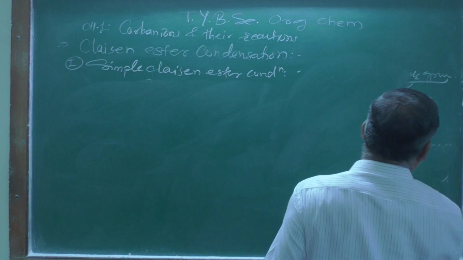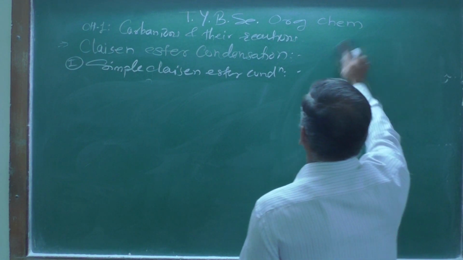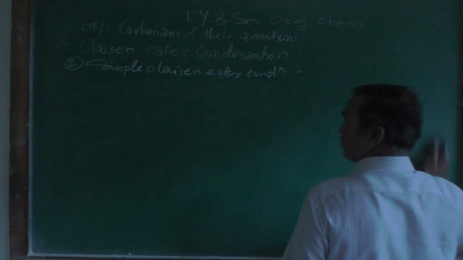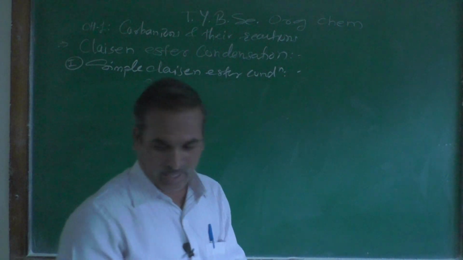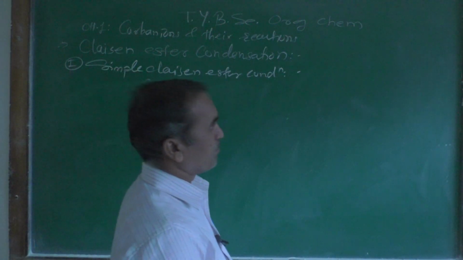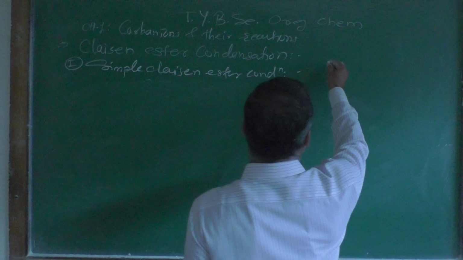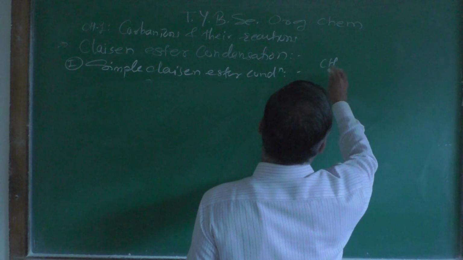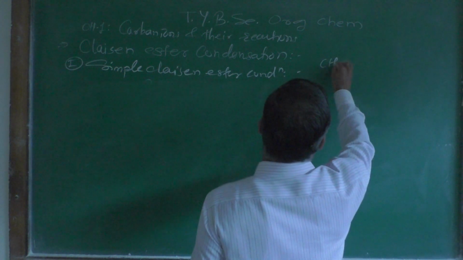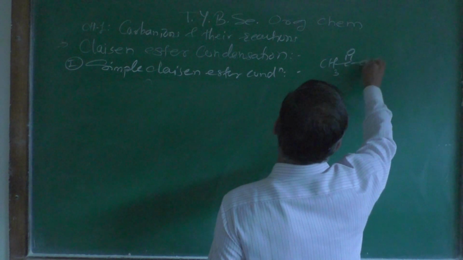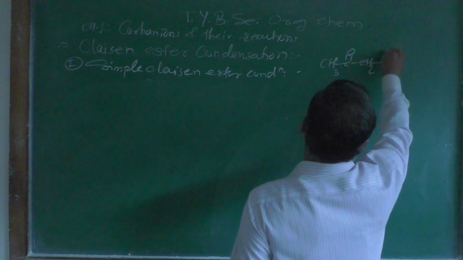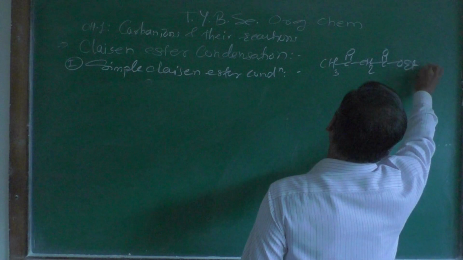Let us see how we get that compound. Here I am going to show you the mechanism of that compound. Just now we have got that compound, CH3, C double bond O, CH2, C double bond O, OEt, right?